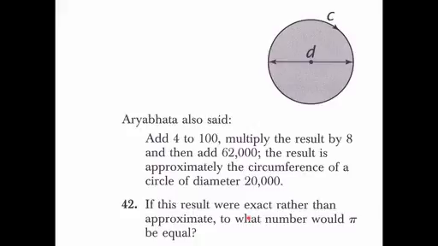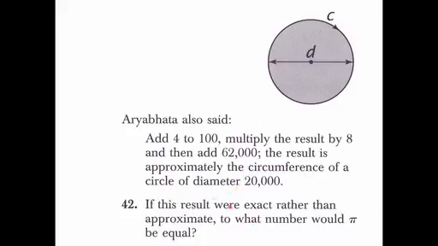See if you can somehow write that out and calculate. Add 4 to 100. Multiply the result by 8, add 62,000. The result is approximately the circumference of the circle of a diameter of 20,000.